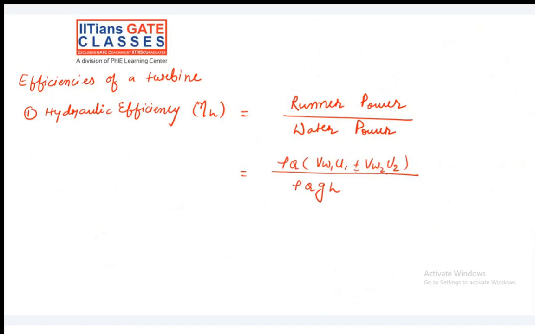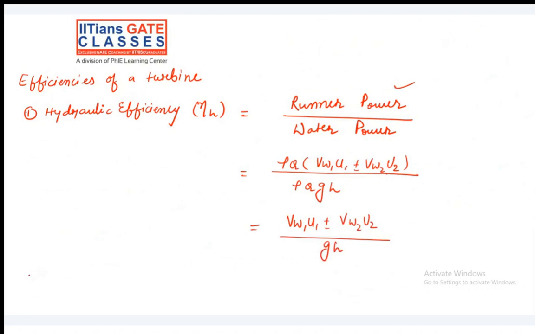So usually we take it as plus minus. This part we have done in the last class. This is just an extension of that runner power we appreciated. This was rho q vw1 u1 plus minus vw2 u2, and the water power is rho q g h. So my hydraulic efficiency formula reduces to vw1 u1 plus minus vw2 u2 upon g h.